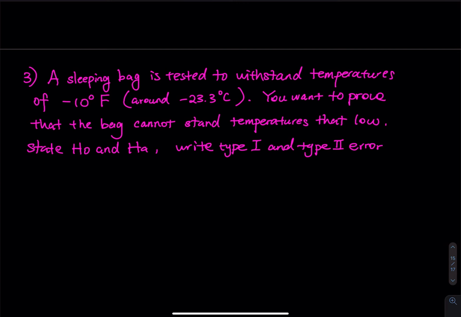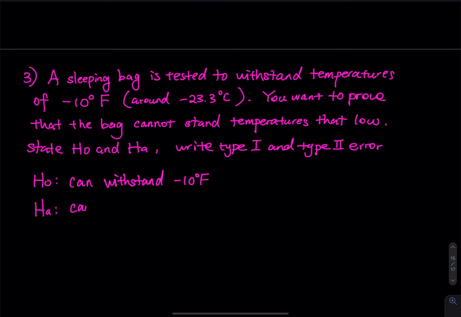So that means for H0, we have the temperature equals negative 10 Fahrenheit, or in words, you can say the bag can withstand negative 10 degrees Fahrenheit. And then HA is cannot, right?